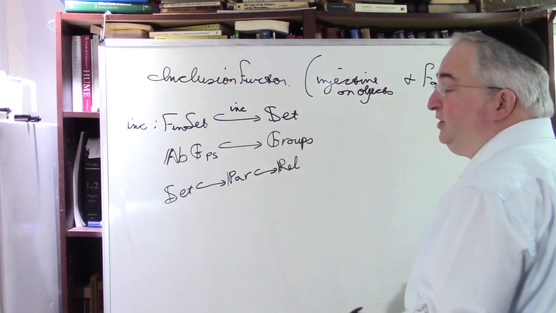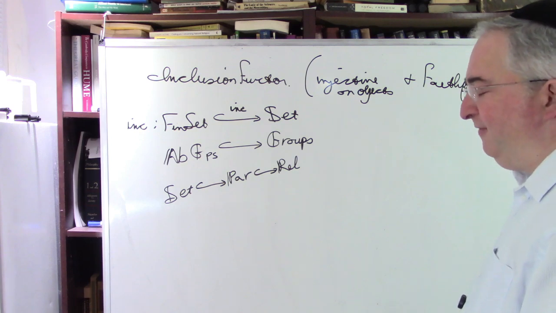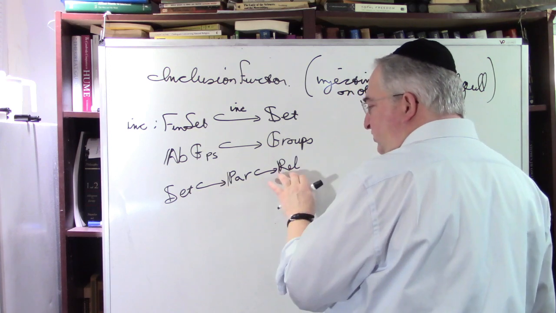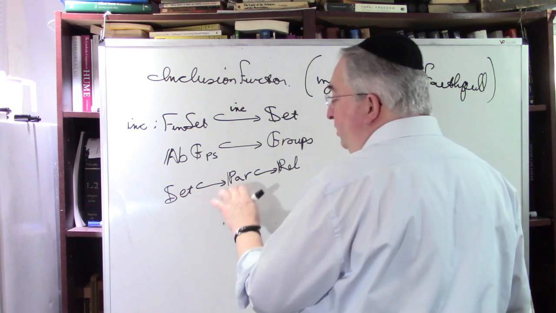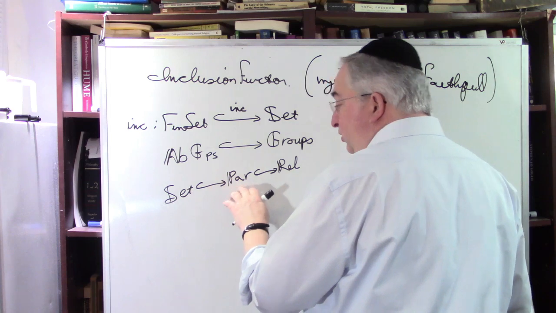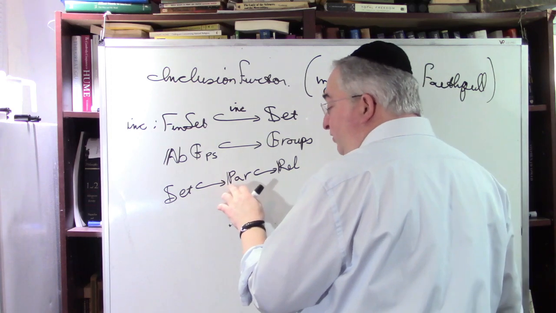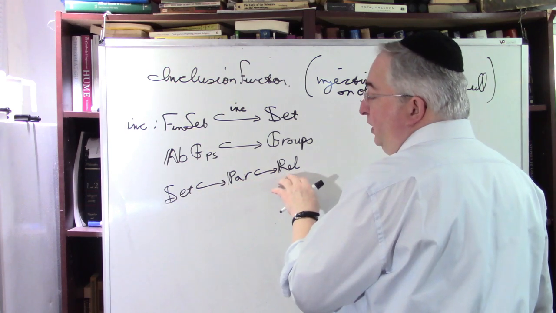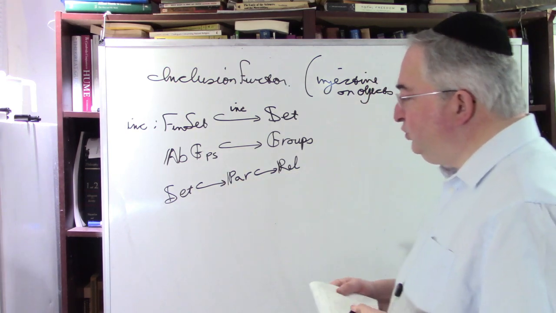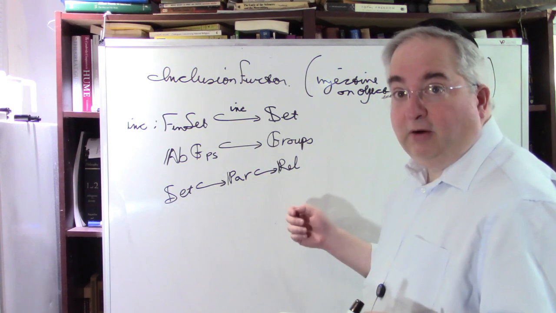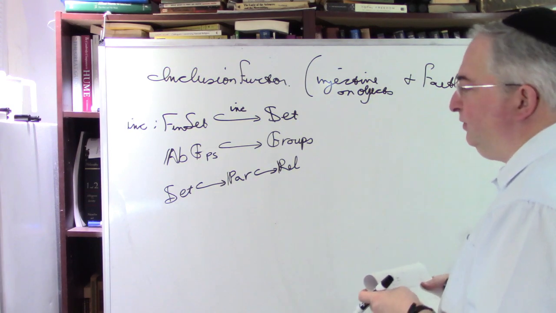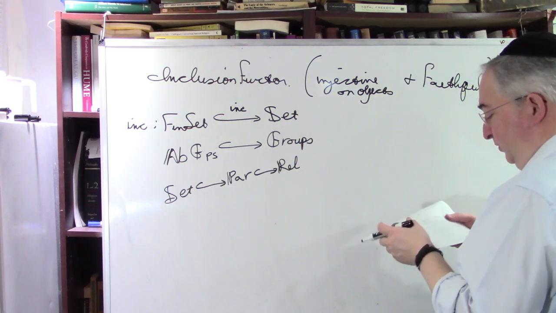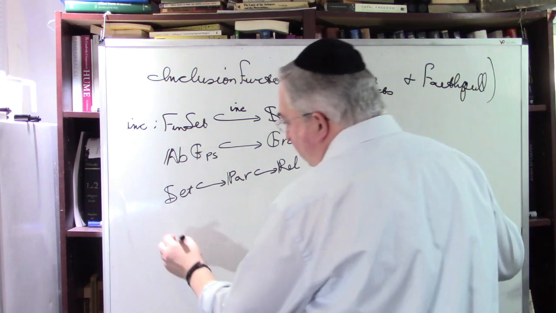So this set S goes to this set S, goes to this set S. A function from S to T will be considered a special type of partial function, that's a total function. And a partial function is a special type of relation. So we saw these three categories and expressed the fact that they're related, but now we can see there's an inclusion functor in between them.